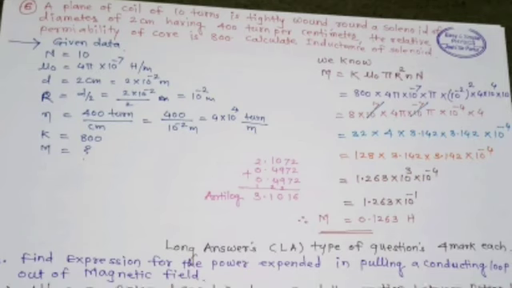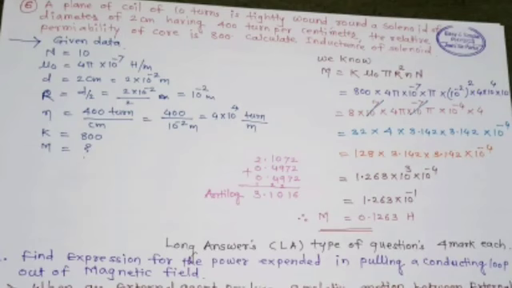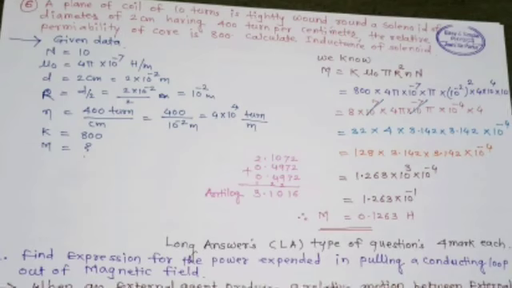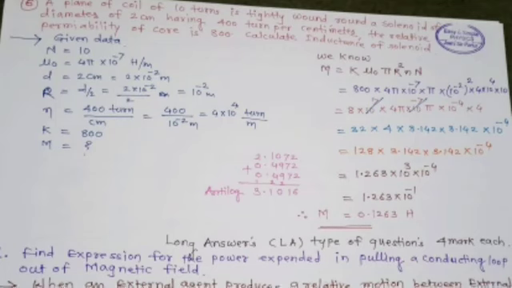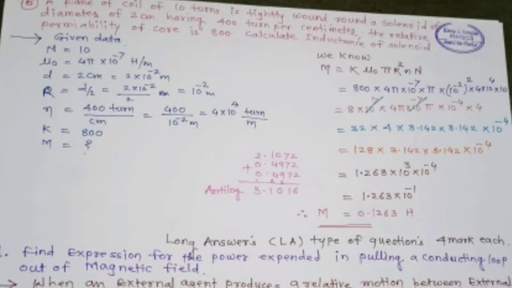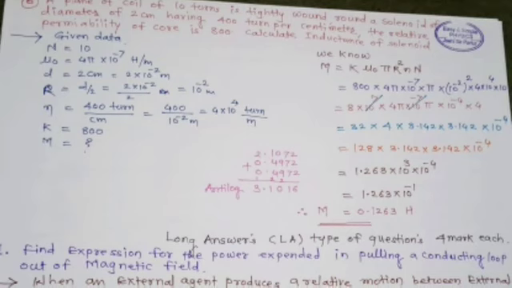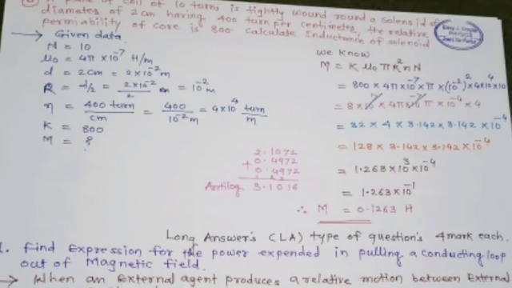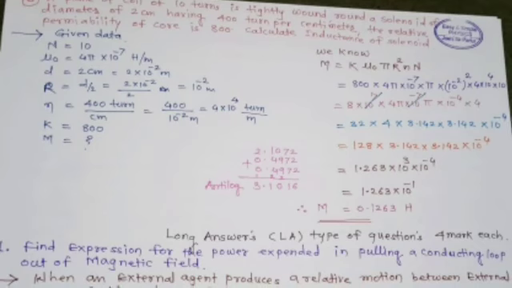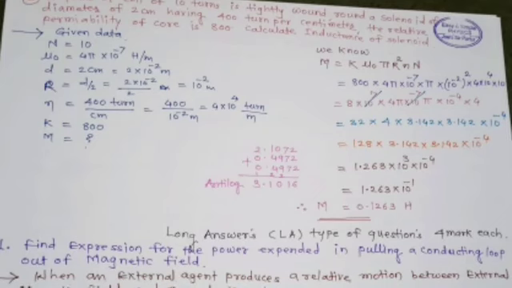Radius equal to diameter upon 2, 2 into 10 raised to minus 2 upon 2, that is 10 raised to minus 2 meter. Number of turns per centimeter, small n equal to 400 turns per centimeter, which is equal to 400 divided by 10 raised to minus 2 meter, which is 4 into 10 raised to 4 turns per meter.